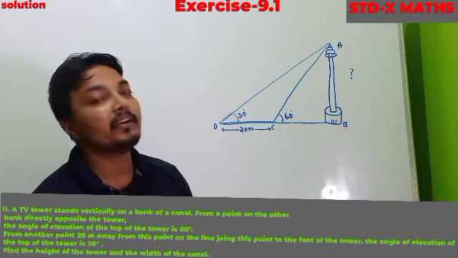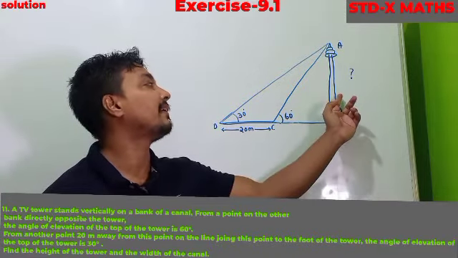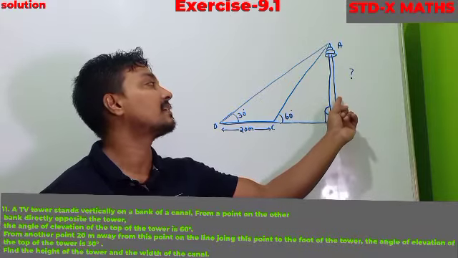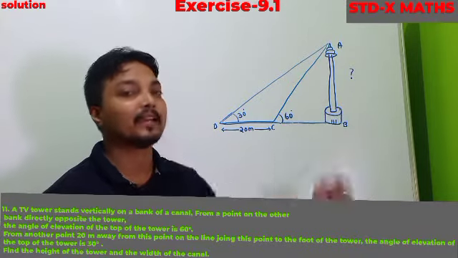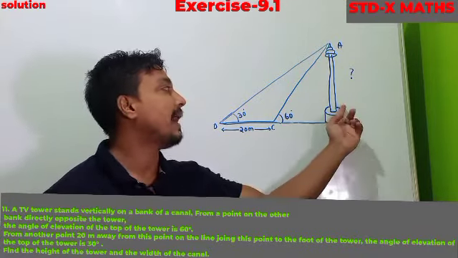In this question, it is given that one tower stands on one bank of the canal.